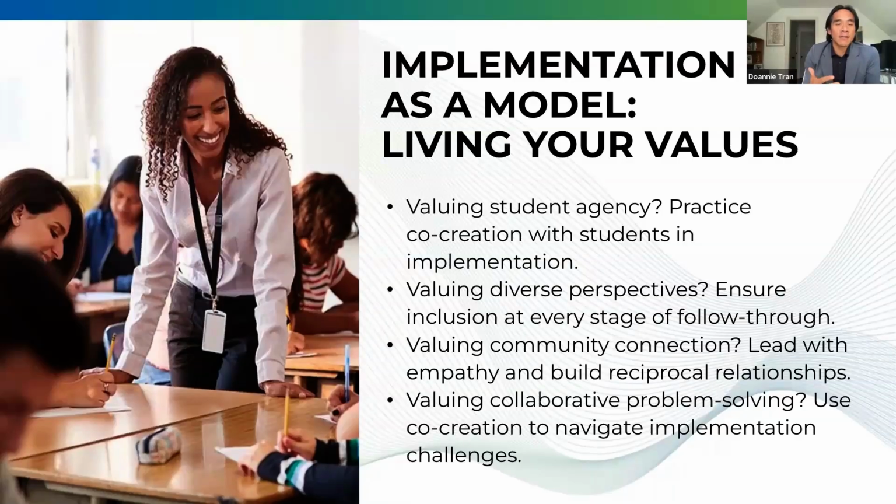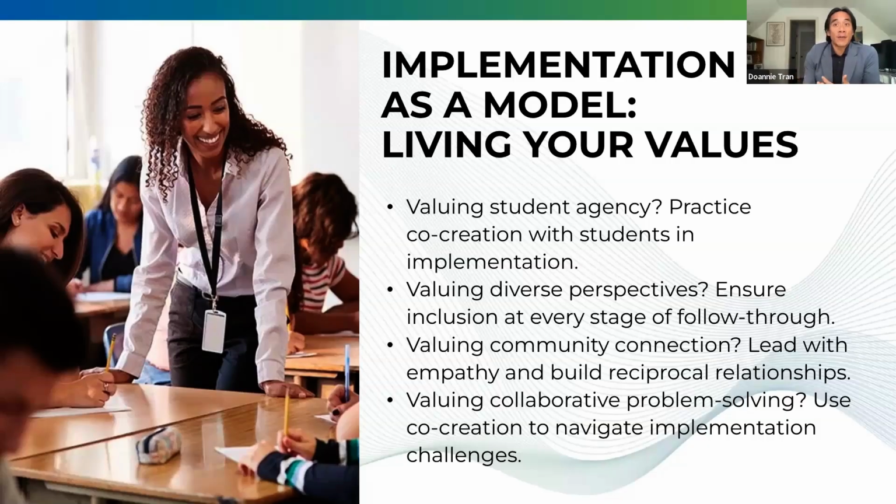So Nate did such a great job at the beginning of this talking about the systems that we want to make, a place where all learners can thrive. And if your district or your community has a vision for that, then your implementation of the strategic plan is an opportunity to model it. So if you value student agency, then where are the opportunities to co-create with students as you're implementing the plan?